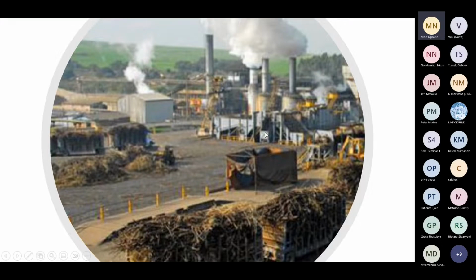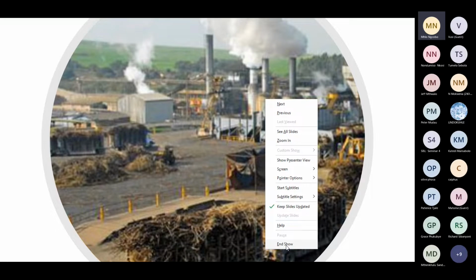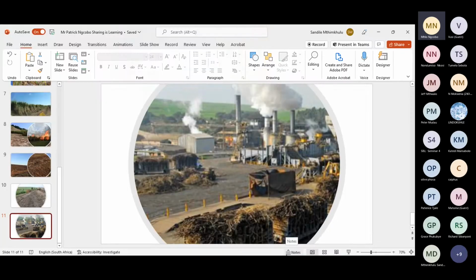Then the miller at that point in time looks at your unique situation and works around that. By so doing, they speak to your neighbors and make them stop harvesting for that particular point in time. When you finish your burnt cane, then you give back the allocation to those guys that actually stopped because they were giving you a chance to send in your cane to the mill.